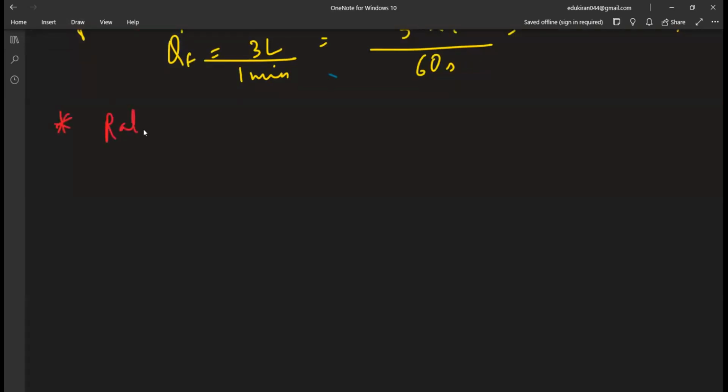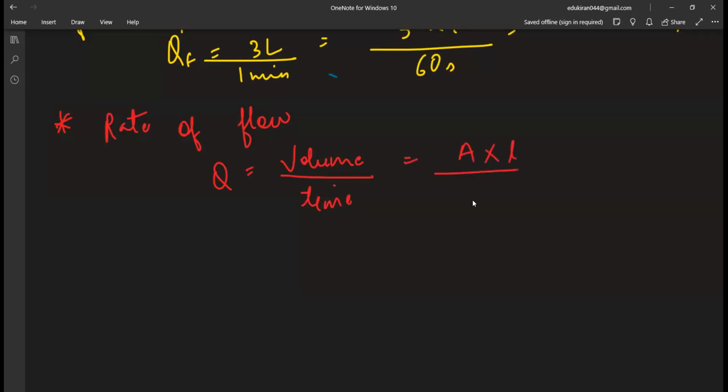Rate of flow, Q, is equal to volume per unit time. Volume is written as area into length, and t is the time. So length by time.